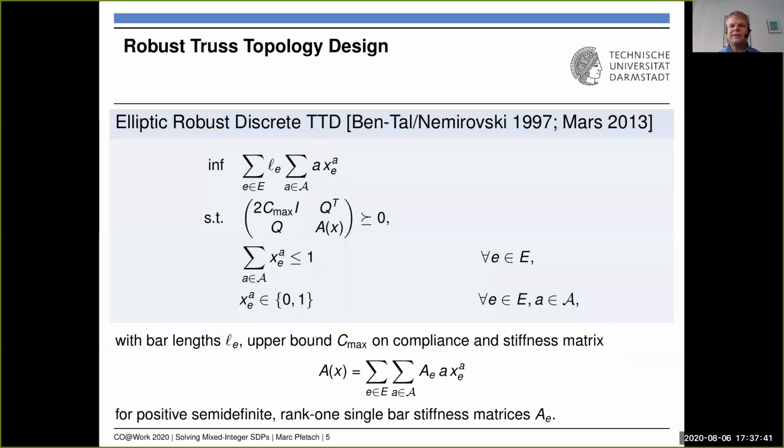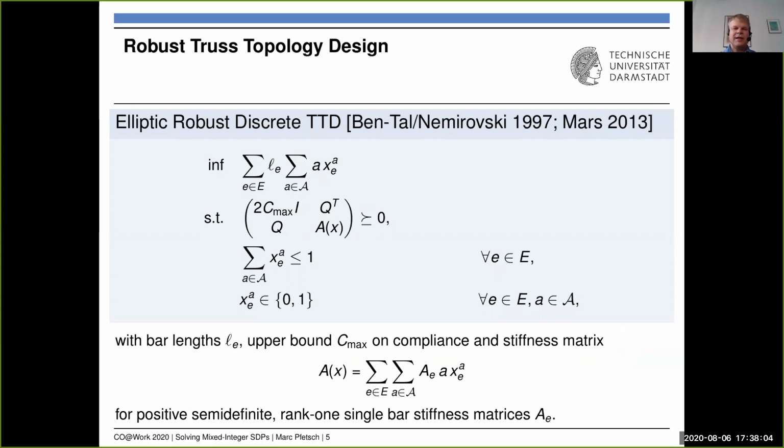And this then leads to the following model, which was originally proposed by Ben-Tal and Nemirovski, and the extension to integer or discrete set of cross-sectional areas was done by Sonja Mars in 2013. So it's called elliptic robust discrete truss topology design problem.